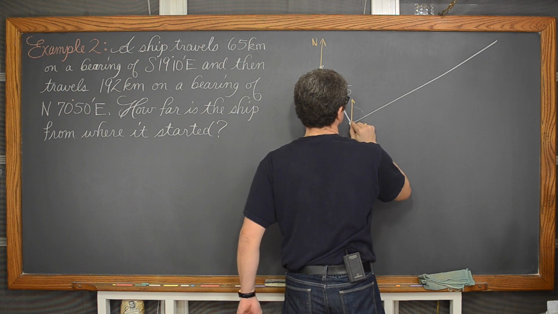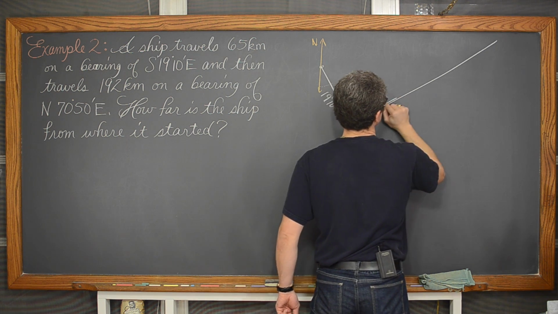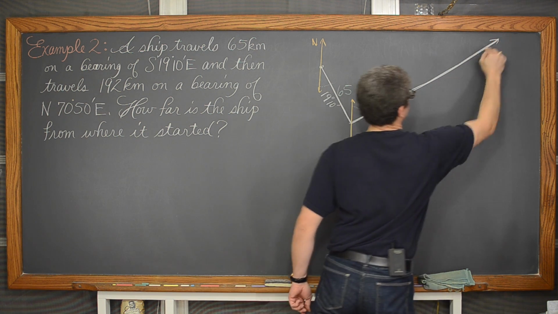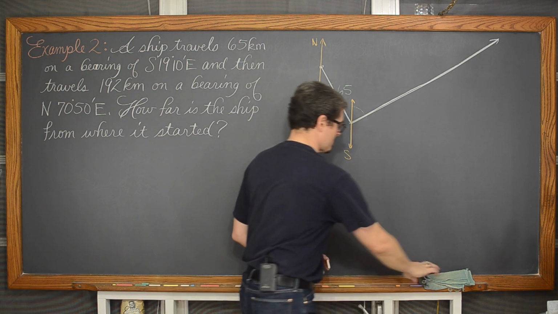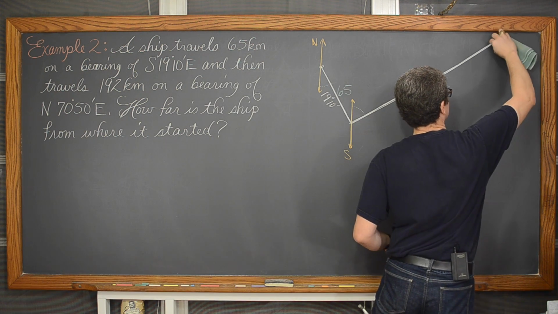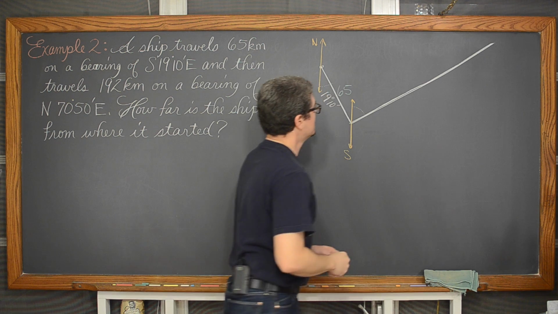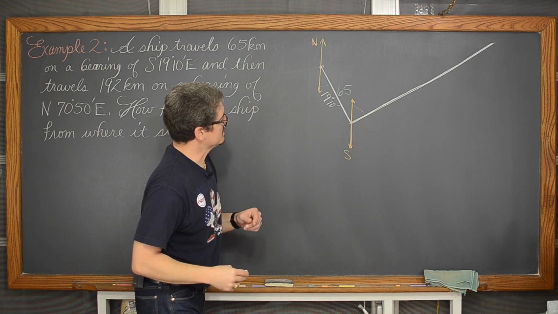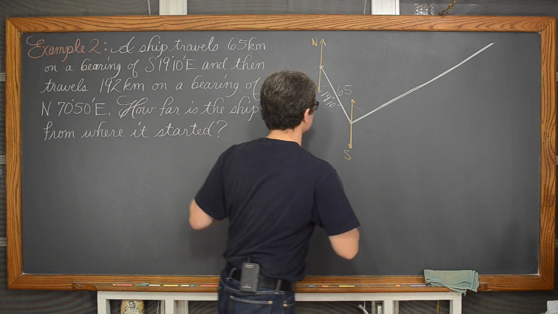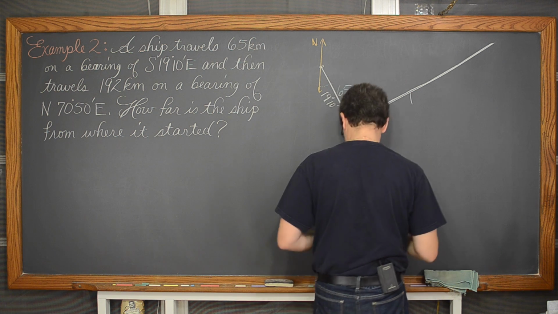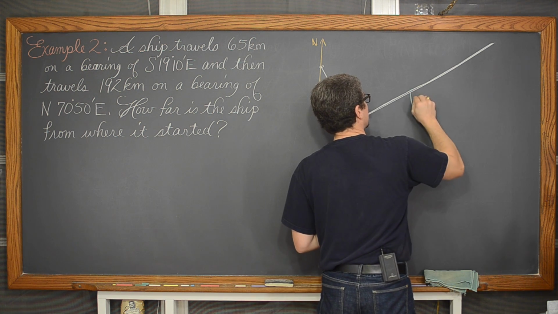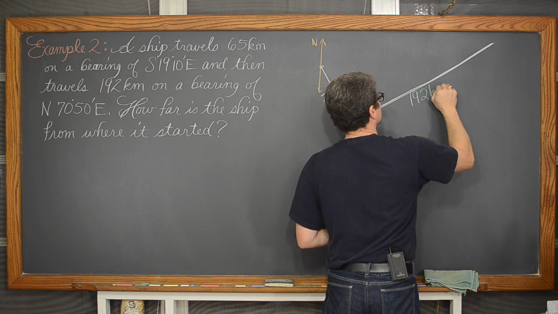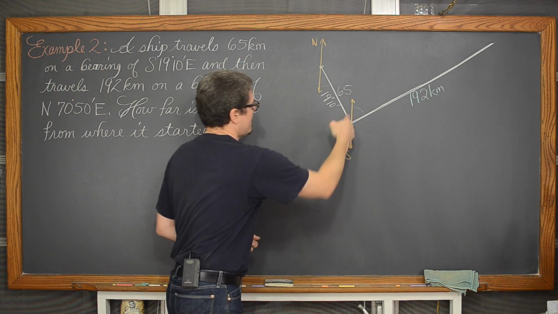I'm making this much longer, of course, not that this is going to be a perfect scale, or for that matter, perfectly straight. You don't need an arrow because we're not going to go an infinite distance. And we're going to go 192, let's do that in green, 192 kilometers.